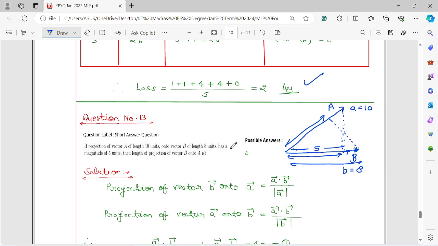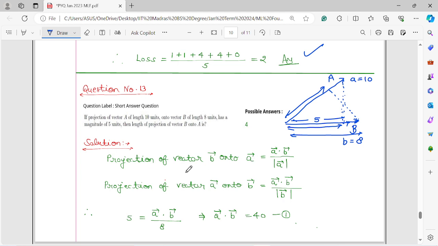Here is the formula for the projection of vector V onto A. Similarly, the projection of vector A onto B is given by this formula. The vector being projected onto is in the denominator.